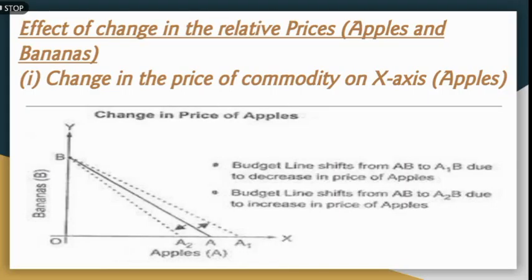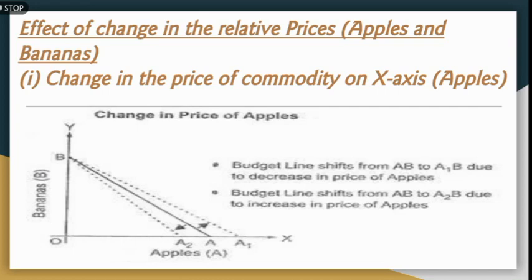Now we will see the second effect, change in the relative prices. In the first condition we take that the price of bananas is the same and there is a change in the price of apples only, that is on the x-axis. Here the point B, banana, is the same, and only the point of apples is changing.